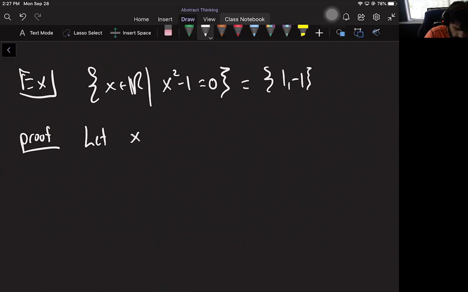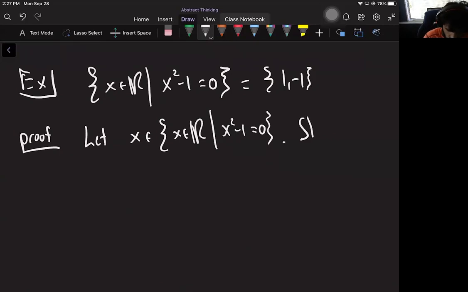So I'm going to let x be in the first one. It doesn't have to be the letter x, but I'm just going to use the letter x. And then I'm going to show, as a result, that x is either 1 or negative 1. So this is sort of just a guideline for more fancy proofs later.